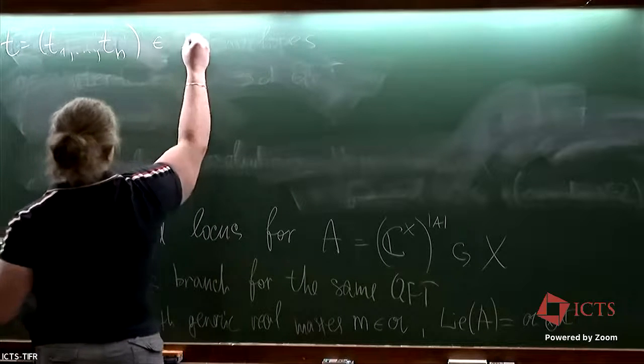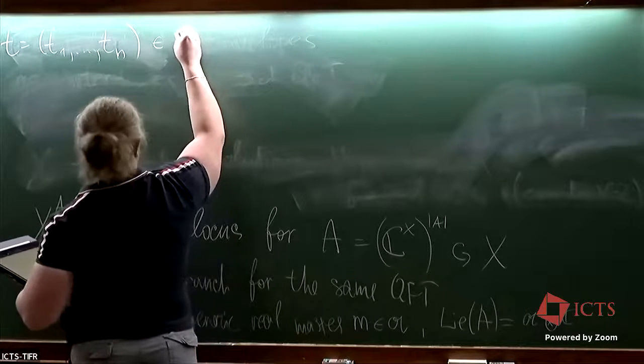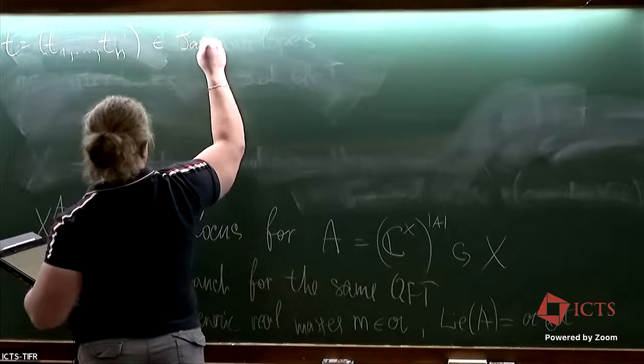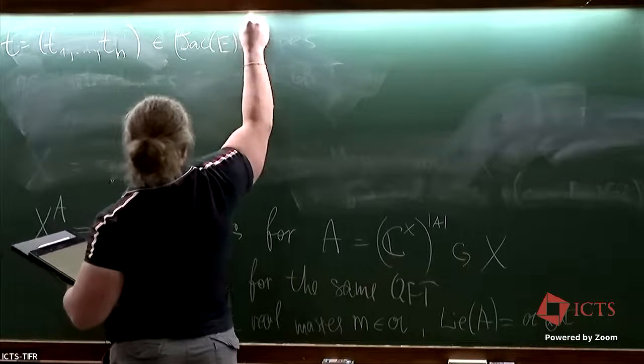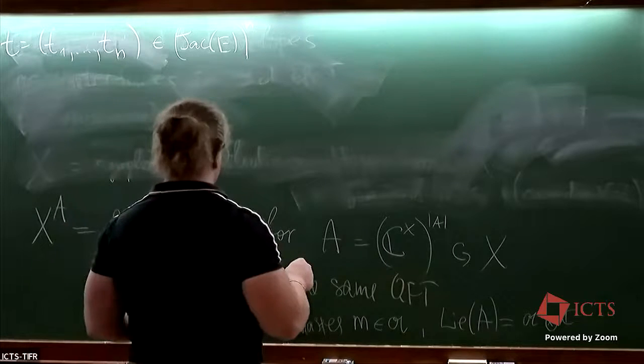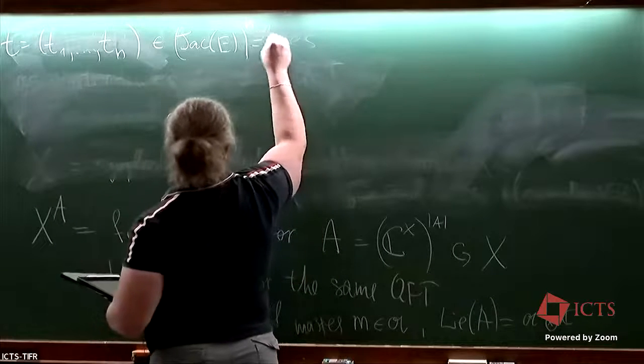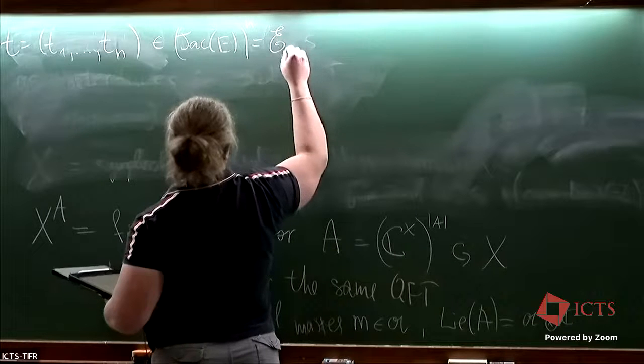So they're really coordinates on the nth power of the Jacobian of the curve. And this is what was called E_T.